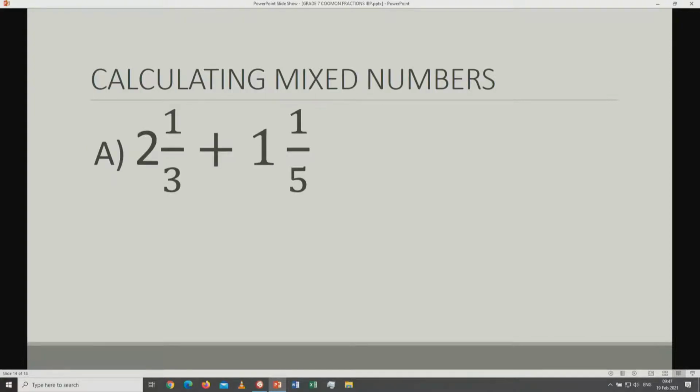Now, let us see how we can calculate these mixed numbers. Let us say, for example, we have 2 1/3 plus 1 1/5.